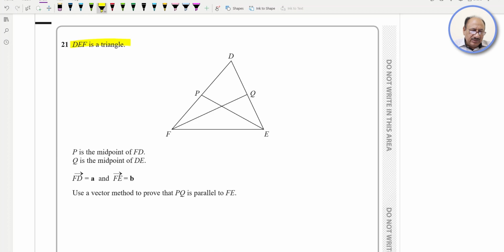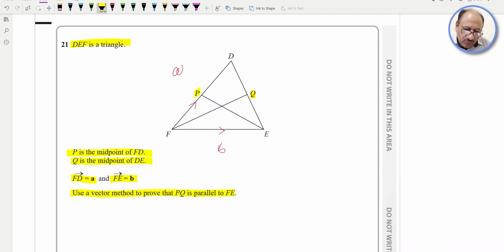Question 21 says triangle DEF, and it is provided P is the midpoint of FD, Q is the midpoint of DE, and FD is A, so this side is A, and FE is B, so FE is this side which is B, and use a vector method to prove PQ is parallel to FE.